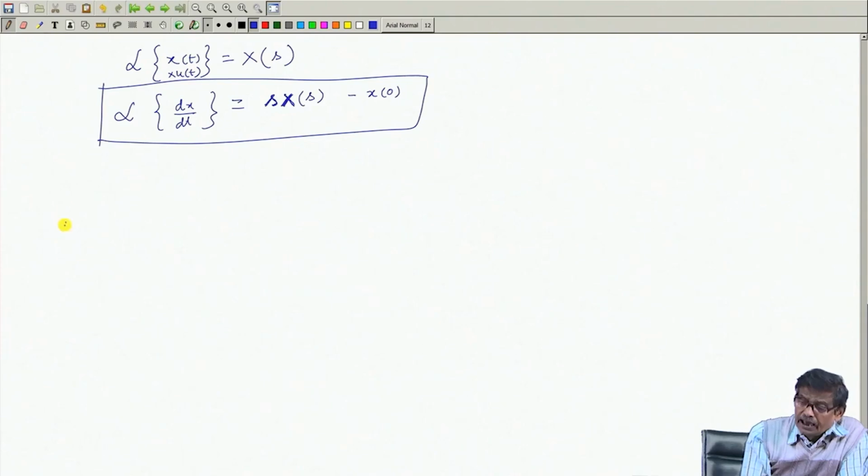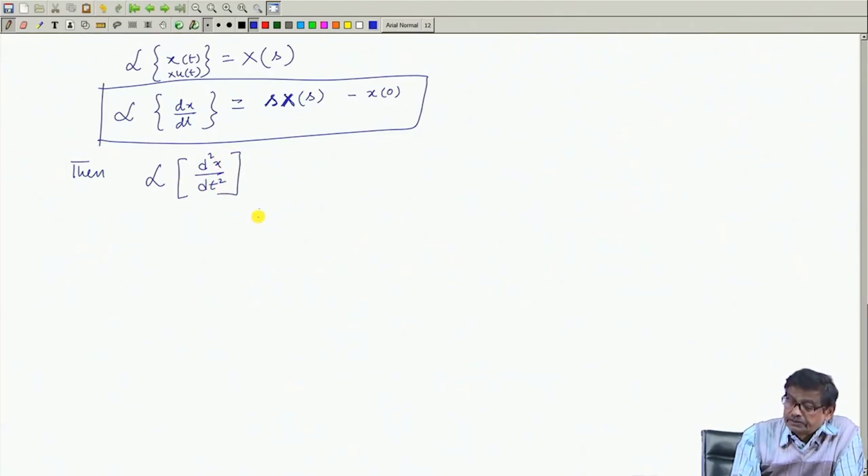What about higher order derivatives? Then the Laplace transform of d2x/dt2, suppose a second order differential term, it will be how much? The answer is very simple. Now, I have established this, no one can stop me.